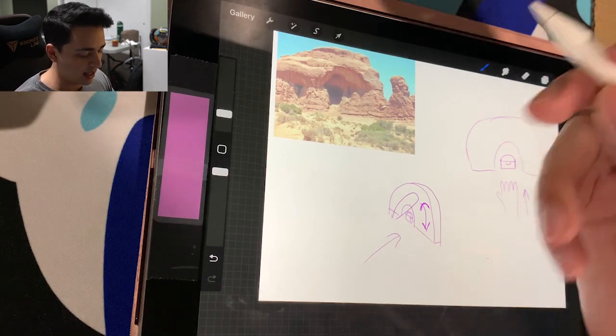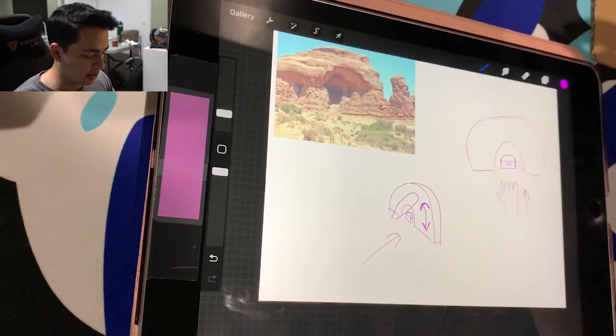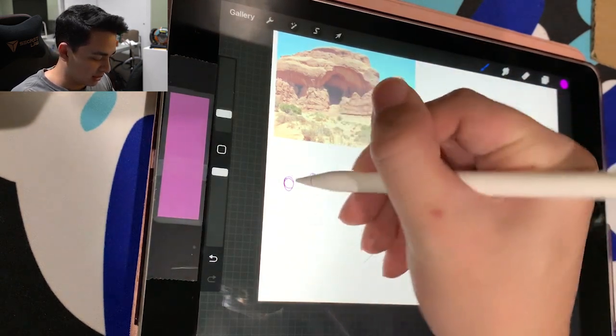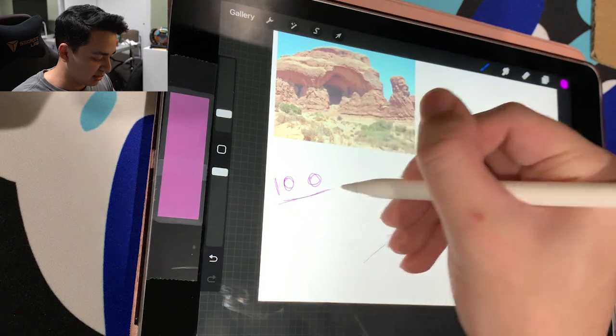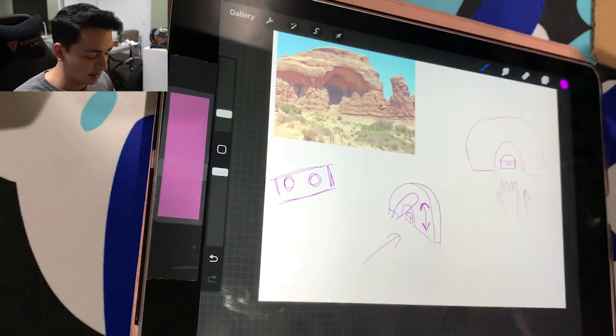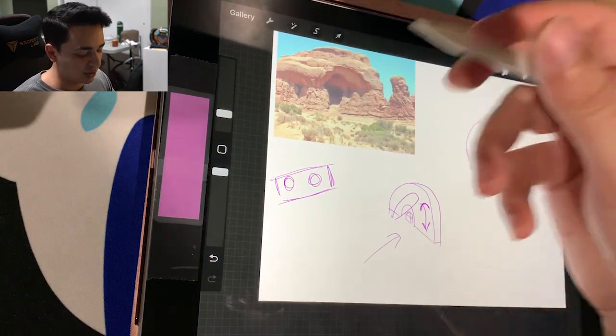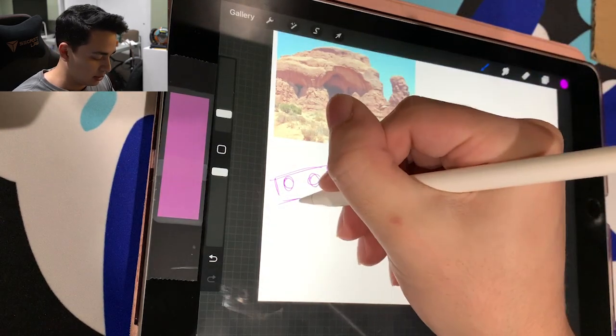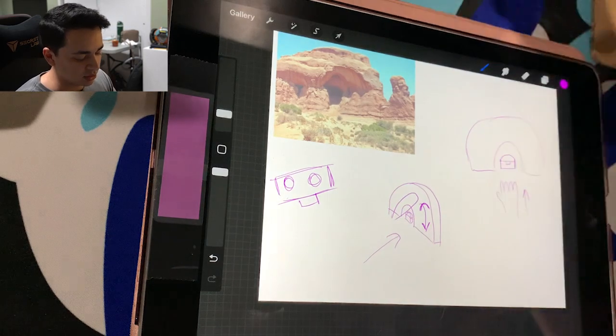So we have our ultrasonic sensor, looks something like this. We have our servo motor. Sorry, this is the ultrasonic sensor.